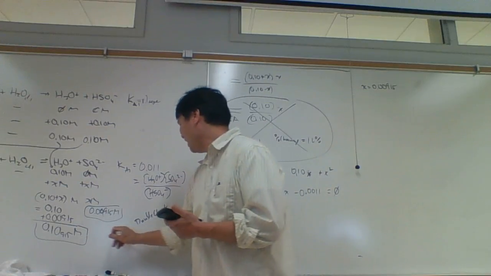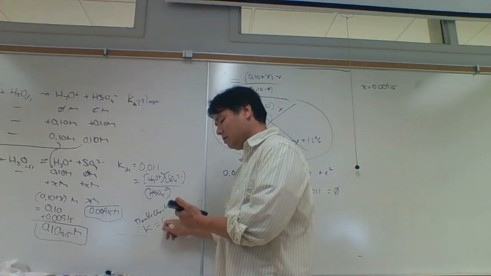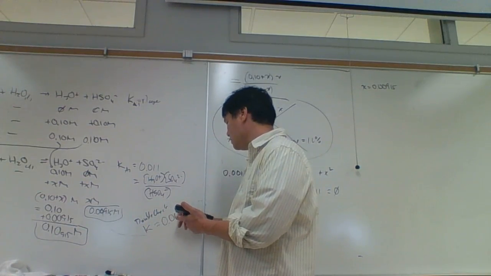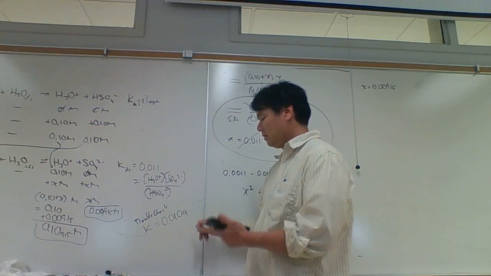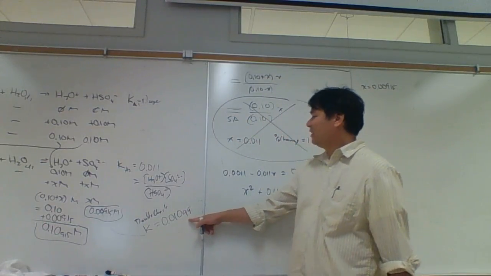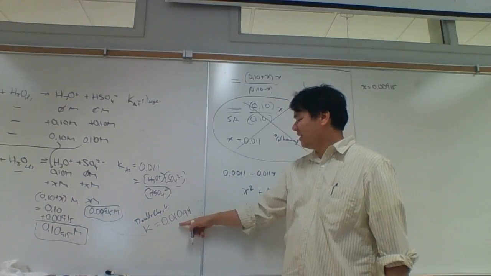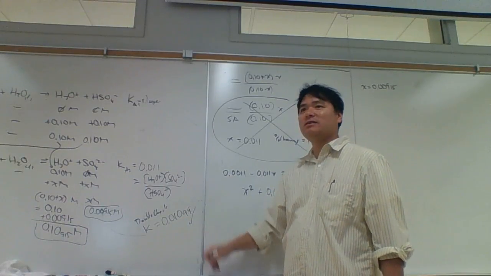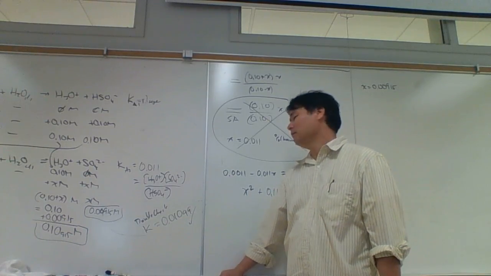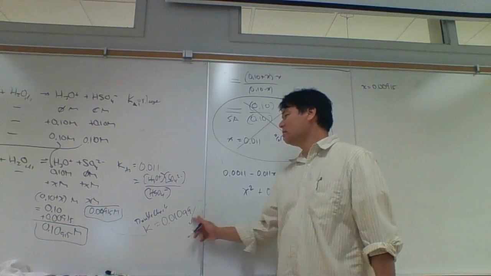And on the double check I get a K equal to 0.01099. So if I look at it, it's supposed to be 0.011. I got 0.01099. Let's just round off here. It's close. And so this looks good.